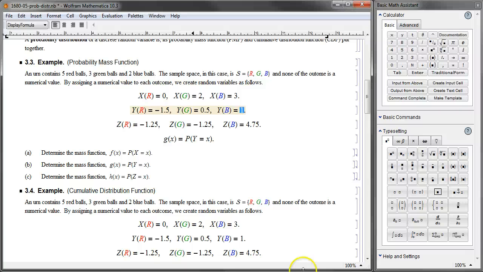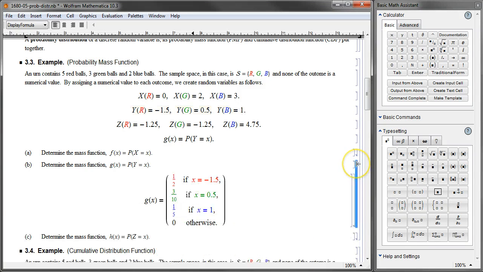Otherwise, all 0. Here we go. When small x is -1.5, that means this capital Y is taking that value, and that corresponds to the red ball. So we have the probability of 5/10, 1/2.